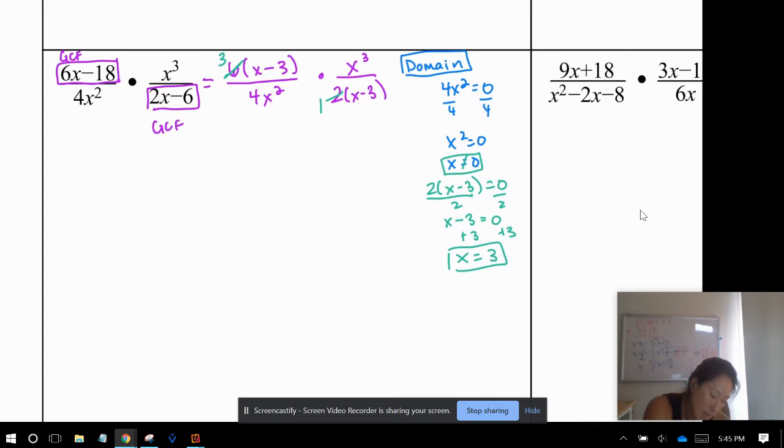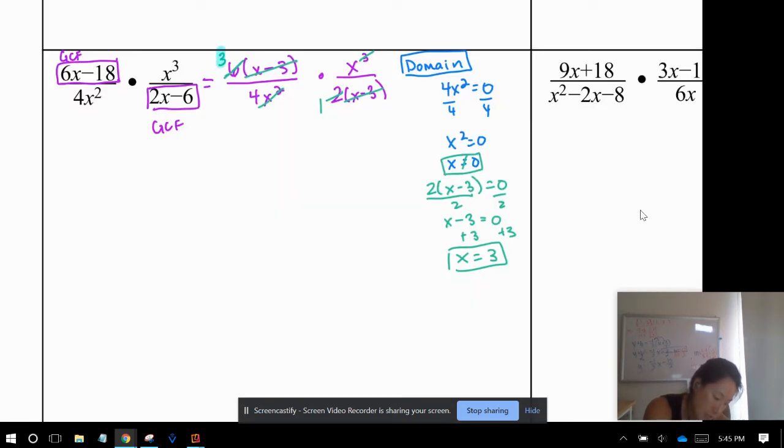And then I have, this is x times x times x, and in the denominator I have x times x. So 2 x's will cancel. So both of those x's go away, and that leaves me with 1 x in the numerator. The last thing I see that cancels is the x minus 3's. All right, and then anything that's left over, I multiply it together.